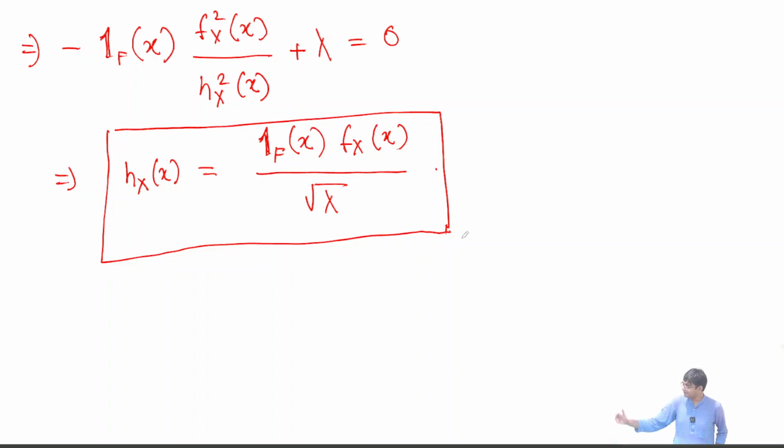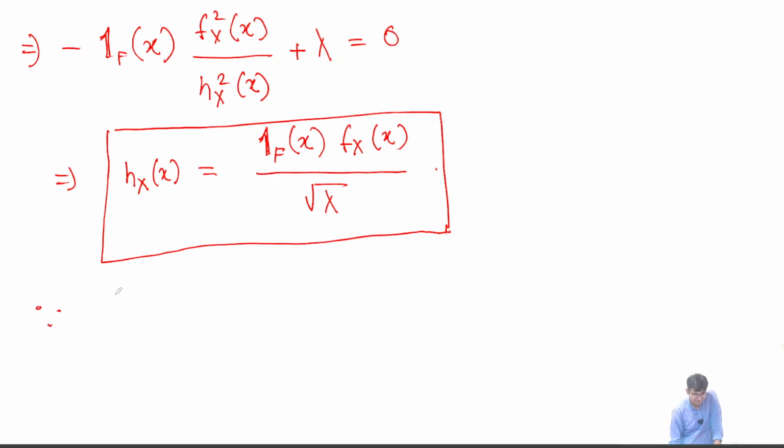So how will I find out lambda? What is h(x)? A PDF. So you will integrate that, and that should be equal to 1. That should allow me to find out lambda, right?